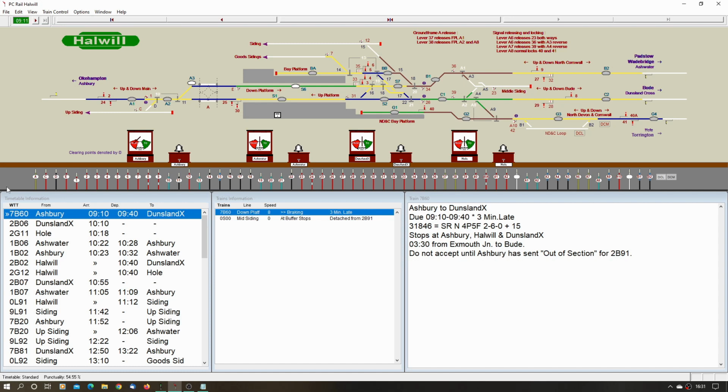Time compression off so it doesn't speed forward, but it's just sped forward to about 9:39, so then that can be offered on and that could disappear. Right, it's inside clear, so one can go back, put the gates back, take the tablet off the driver, stick it in the instrument and send out of section to Ashbury. So as I say, he departs at 9:40.